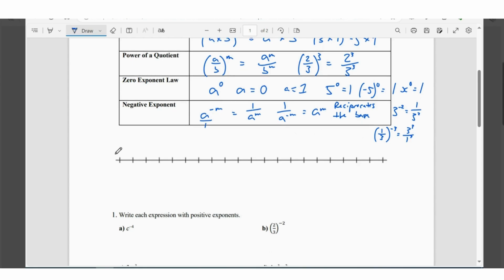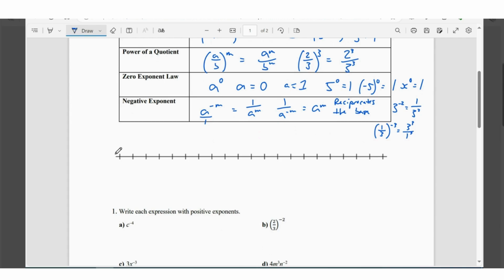I have this number line here to demonstrate another way to show why this is. So let's call this 1, or 2 to the 0. If we have 1, and our next step is going to be 2 to the 1, we would double this section right here.